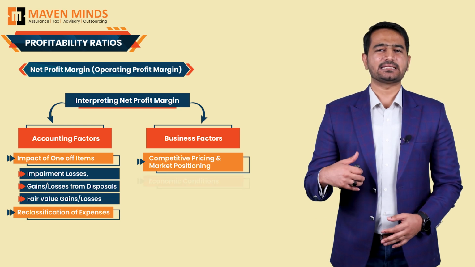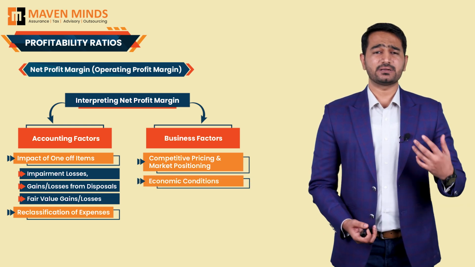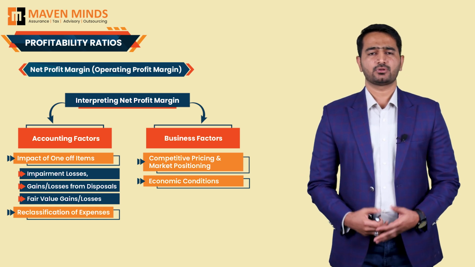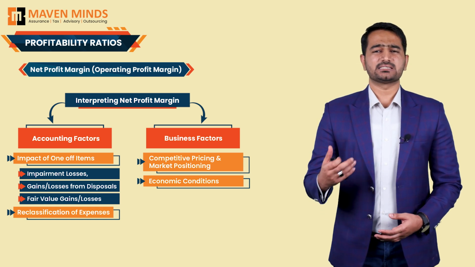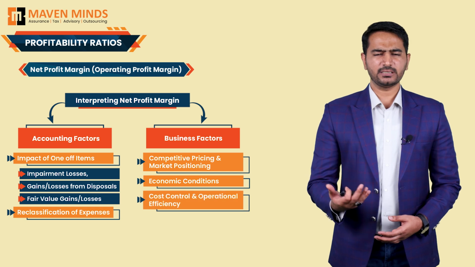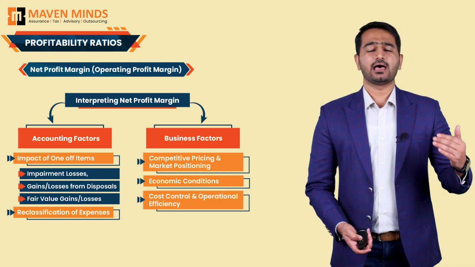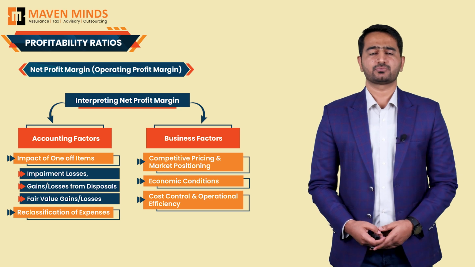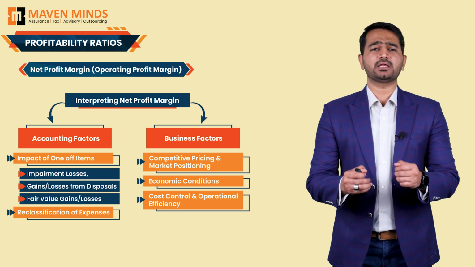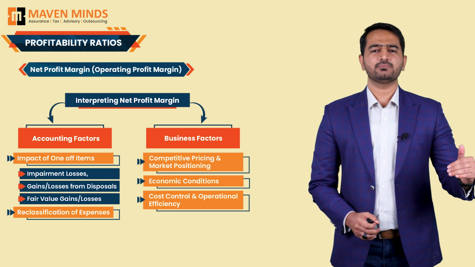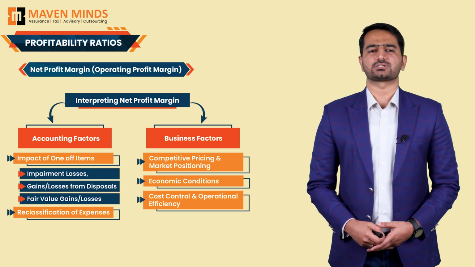Also, increasing inflation or recession may adversely affect the net profit margin. For example, rising cost of wages, raw material and utilities may increase expenses and lower the net profit margin. Or if consumer spending drops in the overall economy, the sales revenue will decline, shrinking the net profit margin.